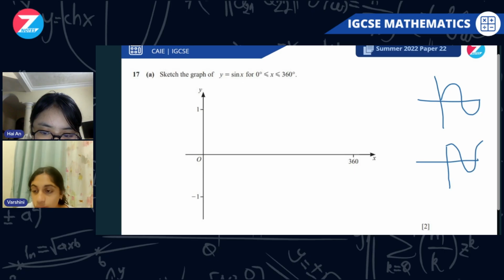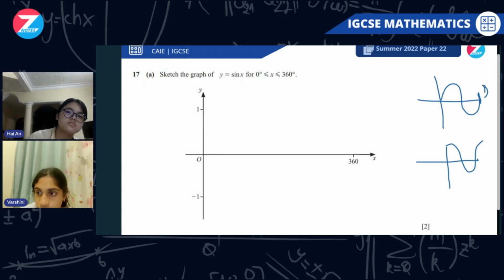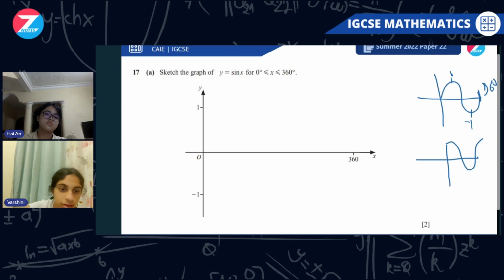For the sine graph, the end over here is going to be 360, the top value is at 1 and the bottom value is at -1. They just want us to sketch it.